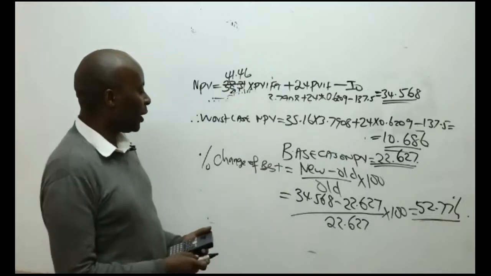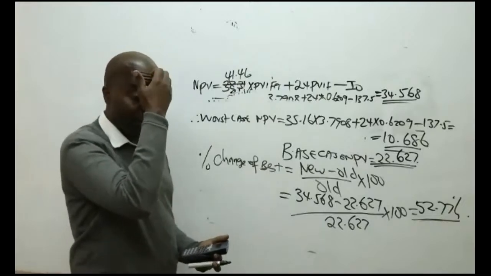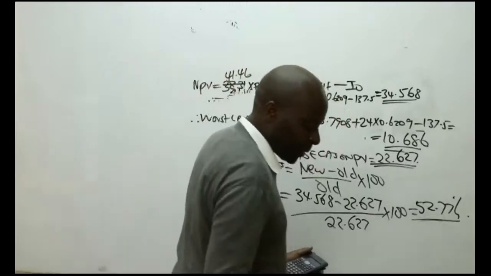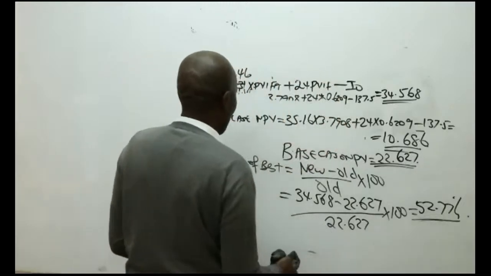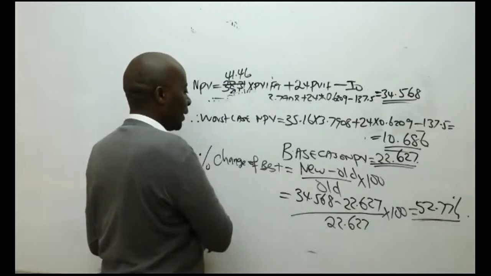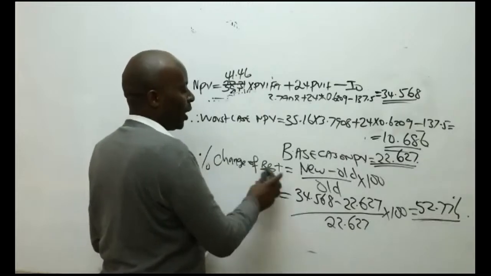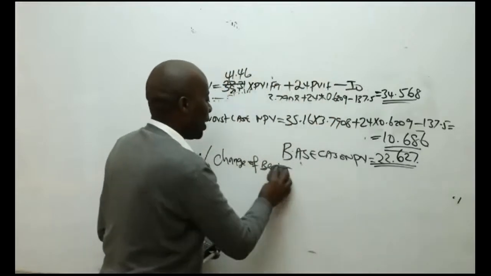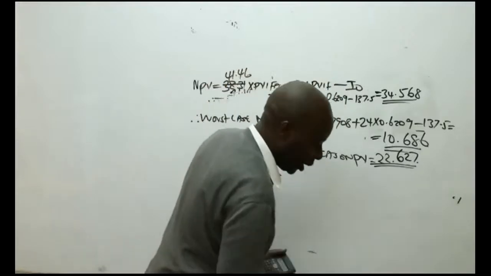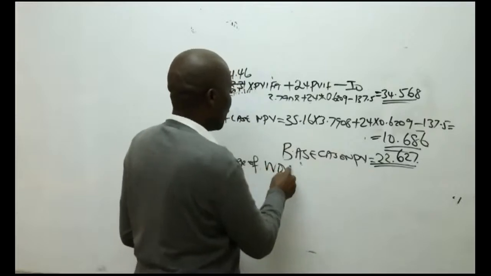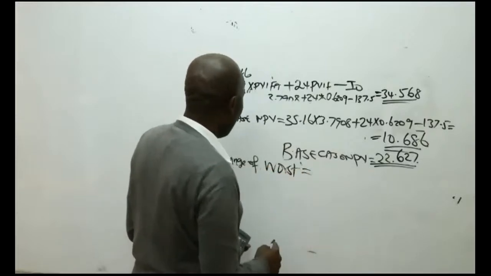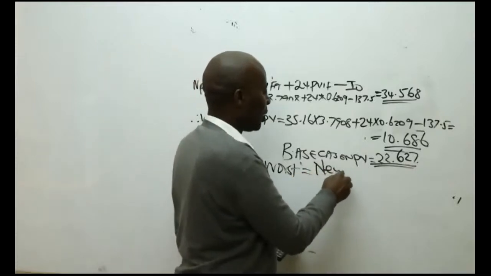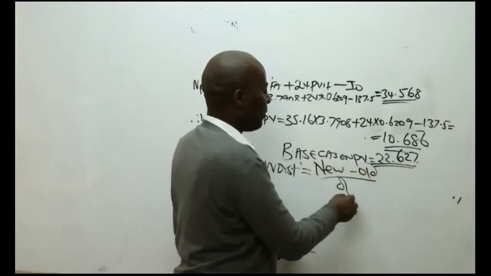So having gotten that, give us also the percentage change of worst. The percentage change of worst will be equal to, ladies and gentlemen, the new, as usual, minus the old, divided by the old.